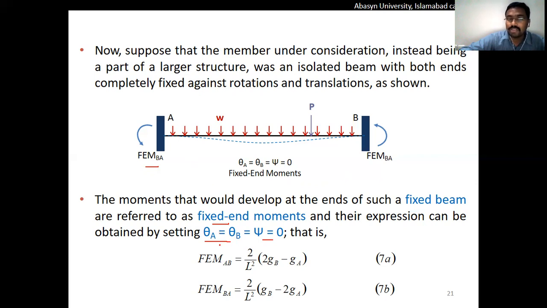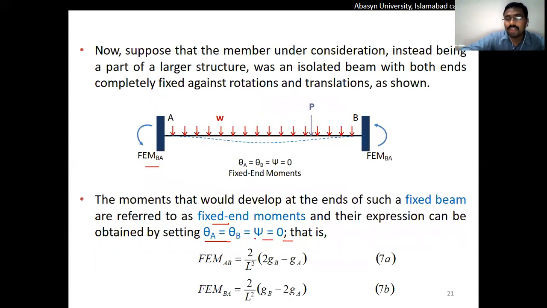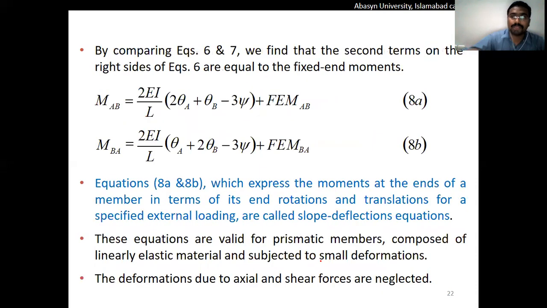That's why the values of theta A, theta B or deformation delta A or delta B will be 0. If we put these values as 0 in these previous equations, theta A is 0, theta B is 0, and psi is 0. This entire first term will become 0. The only term that we are left with is the second term, which is 2 by L square into 2GB minus GA, for both ends, whether it is at point A or at end B.